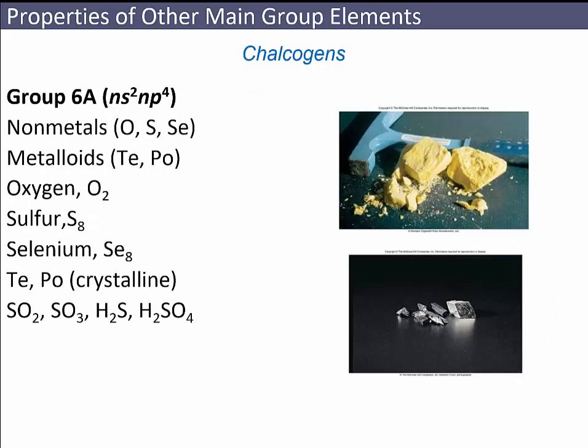Group 6A, the chalcogens, are going to include the nonmetals sulfur and oxygen and selenium, and the metalloids tellurium and polonium. So we're going to form SO2, SO3, H2S, H2SO4.